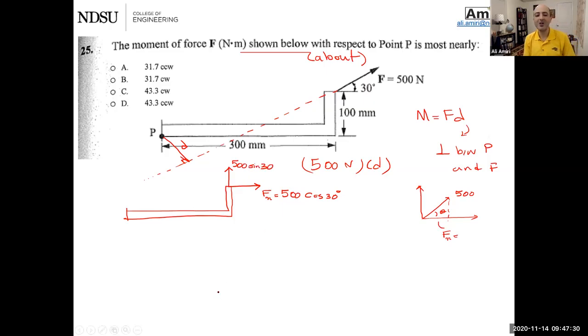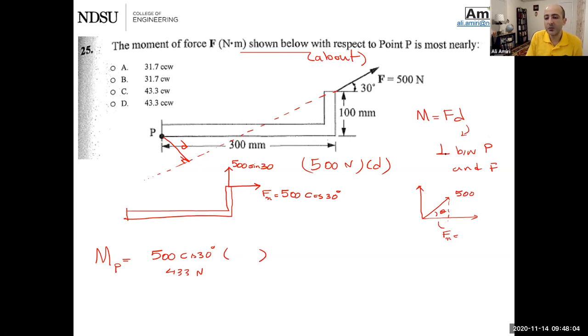Now this is much more manageable and better. The moment now about point P is going to be the summation of two moments. The first one is 500 cosine 30, which is going to be 433, at a distance.